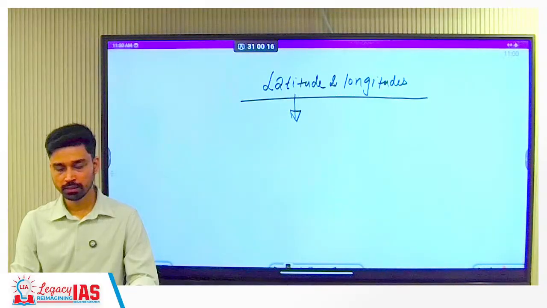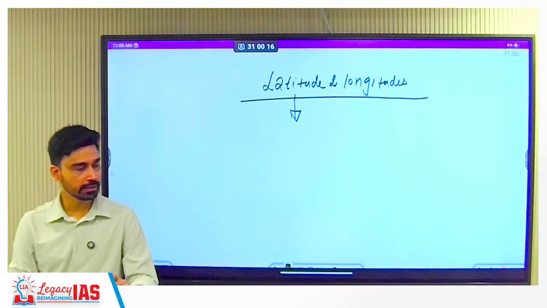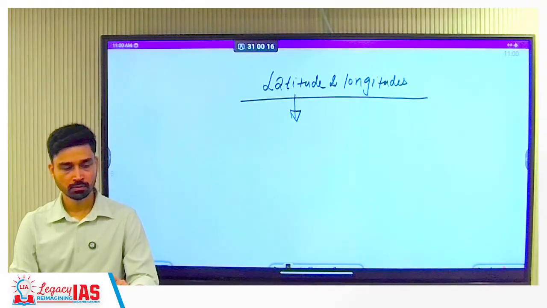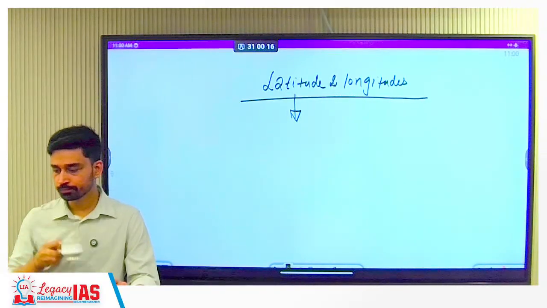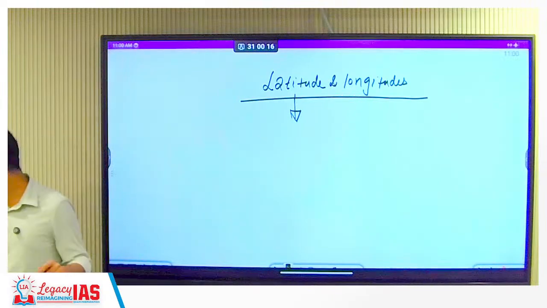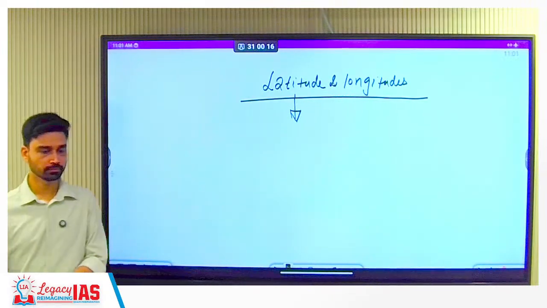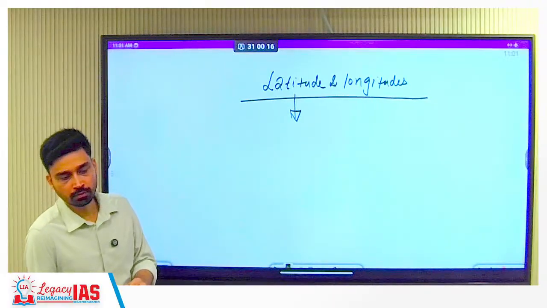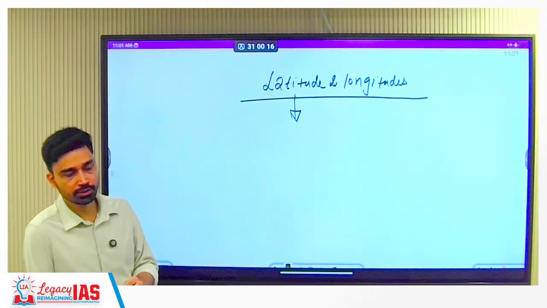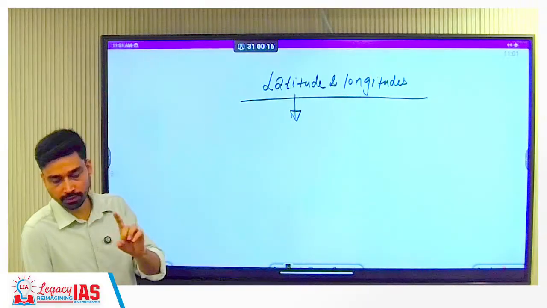Latitude. It is the angular distance of a place. Angular distance of the place, measured from... Okay, place on the earth's surface, we can write like this.